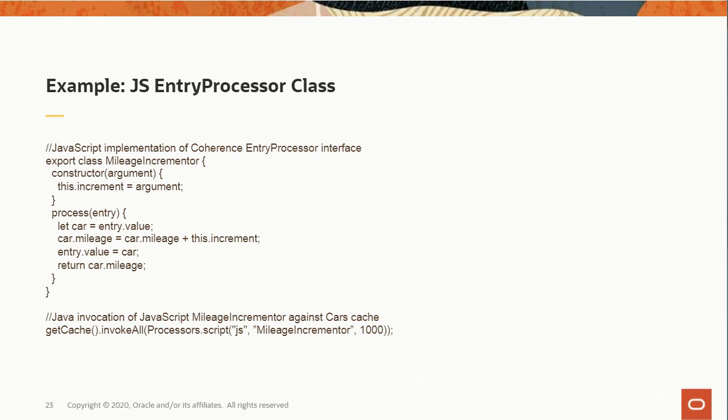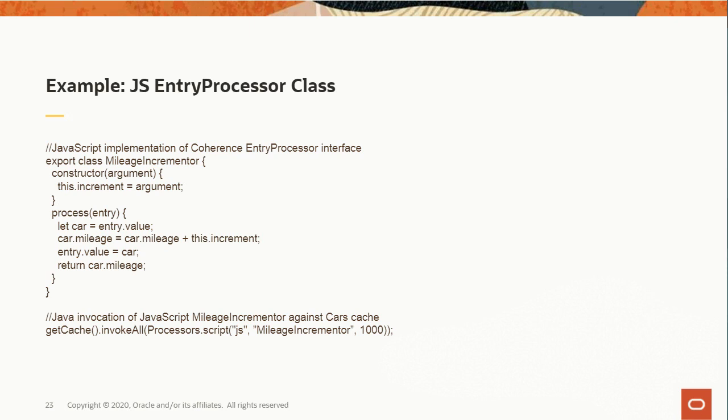And entry processors have a process method, which is passed a key value pair, a map entry. And we get the value of the key value pair, which is a car, and we basically add to its current mileage the increment that we were constructed with, rebind the value into the key value pair, and return the mileage as incremented.